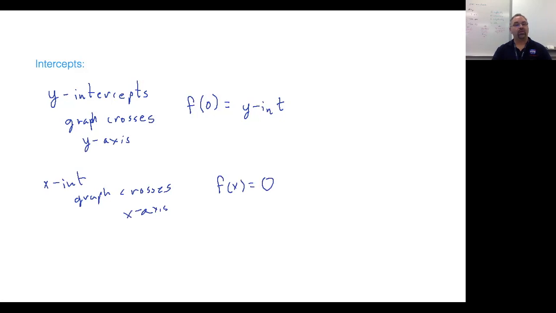And as we saw in Algebra 2, and maybe a little bit in Algebra 1, if you can remember back that far, the function does not necessarily have to have an x-intercept. You can imagine a parabola, for example, that has the vertex above the x-axis and opens up like so. It's not going to cross the x-axis. So it doesn't necessarily have to have an x-intercept.